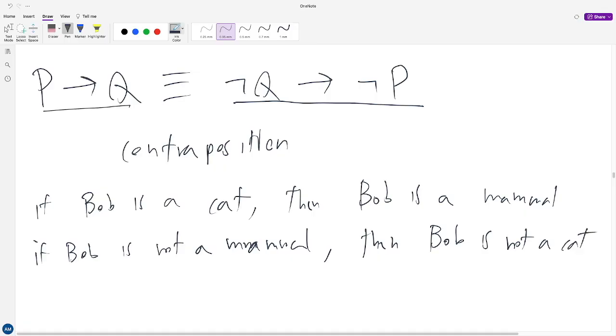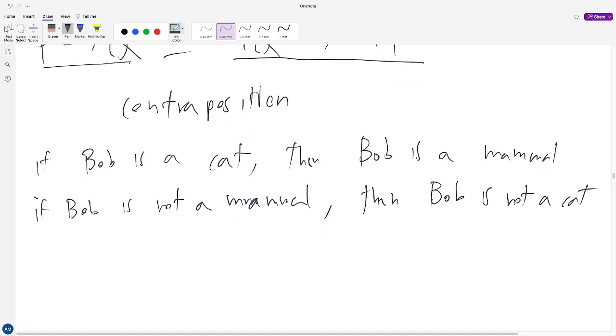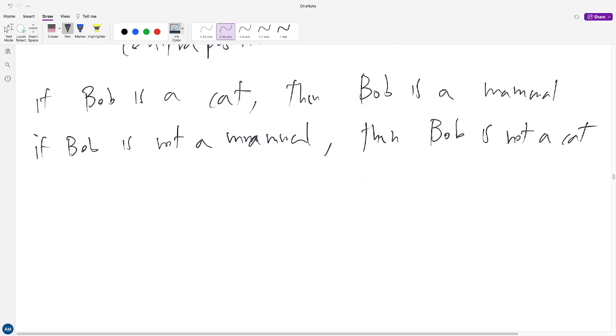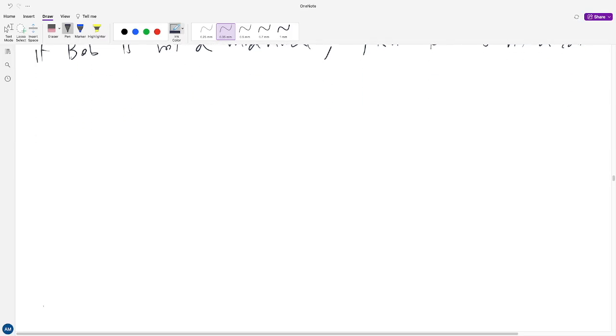And if you look at it, it makes sense, right? If Bob is a cat, then surely he must be a mammal. And if Bob is not a mammal, well, since all cats are mammals, then how can Bob possibly be a cat? So, checks out. So we have that.